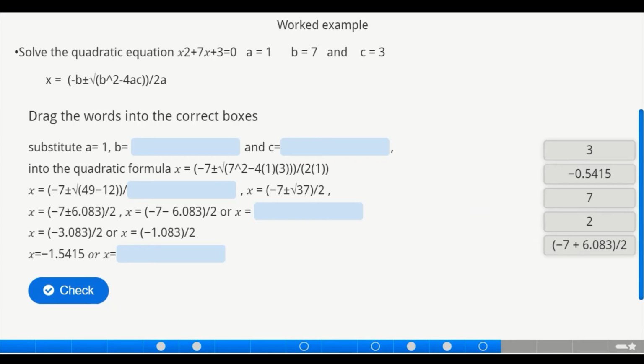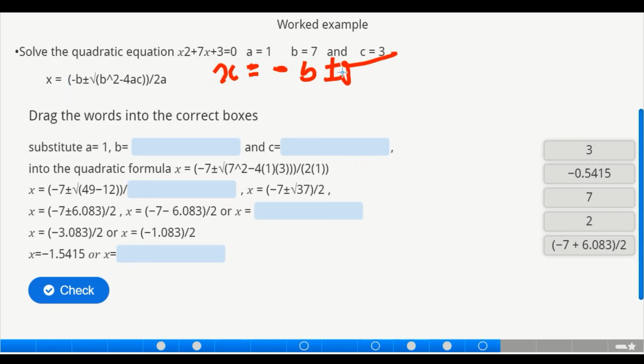Coefficient of a is 1, while the coefficient of b is what? 7. And the coefficient of c is what? 3. And that's what we are going to be using for that quadratic formula.